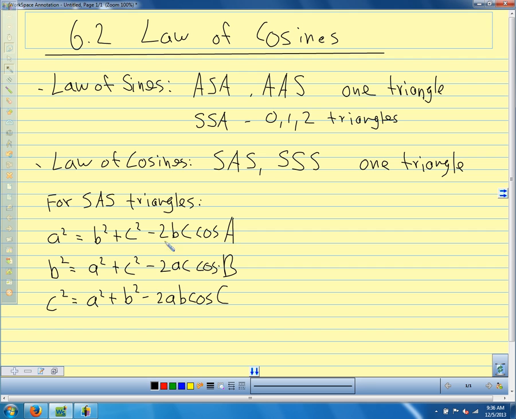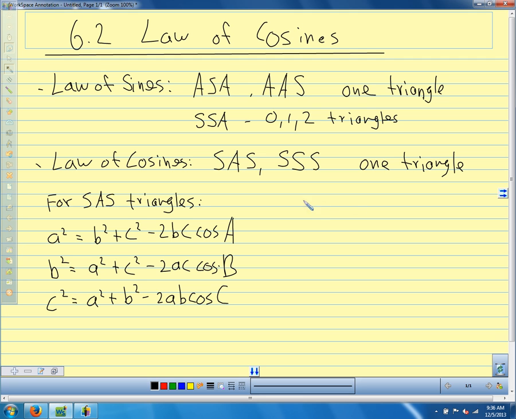So I'd have 0 times all of this stuff. So if my angle is 90 degrees, the law of cosines turns into the Pythagorean theorem. The law of cosines really is an extension of the Pythagorean theorem. That's the other way that can help you remember it: it starts out like the Pythagorean theorem. It actually comes from the Pythagorean theorem, and we'll see that in a little bit.